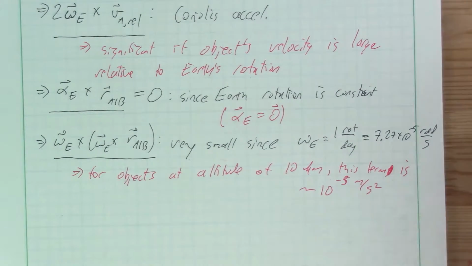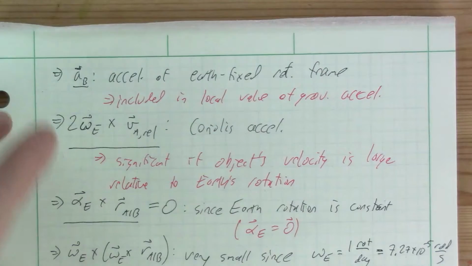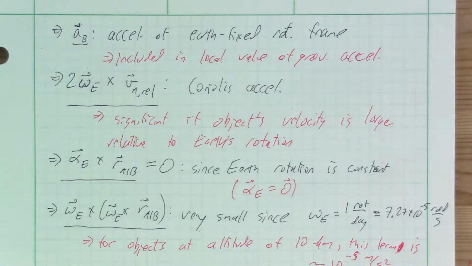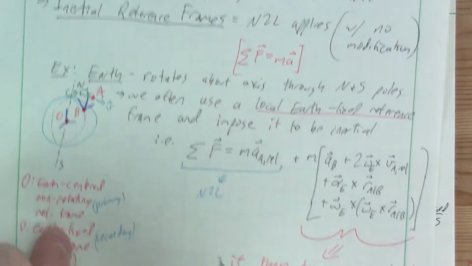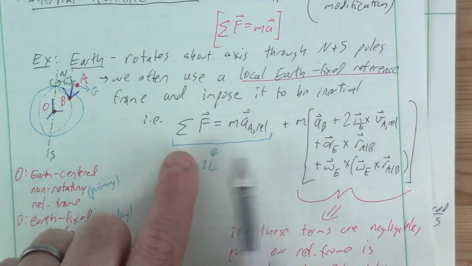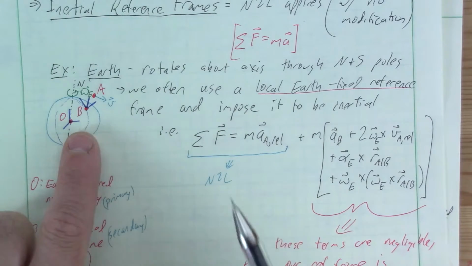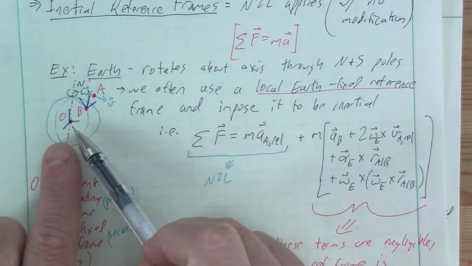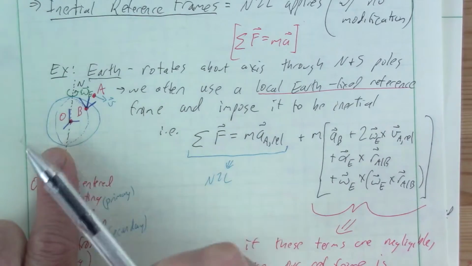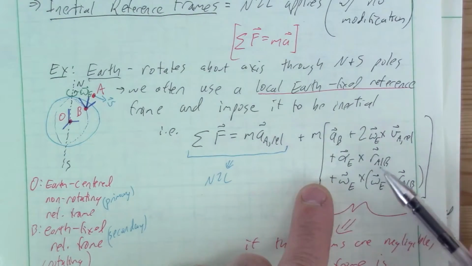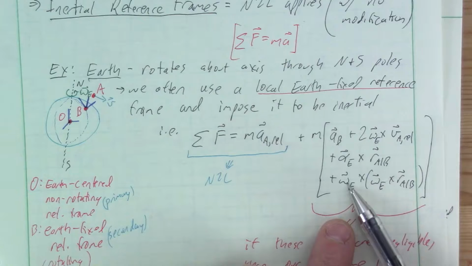So in the end, after saying all these four things, I'm back to where we came from. We often just live at B, we analyze systems at B, we do experiments at B, and we often ignore the fact that the Earth is actually rotating, and we should be including all these things. Earth's rotation shows up there, there, and there.